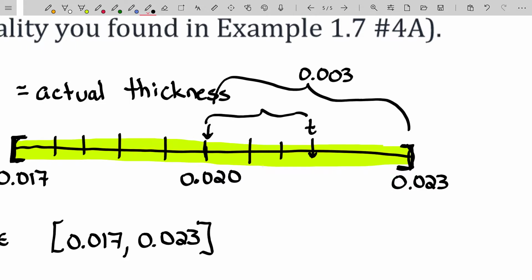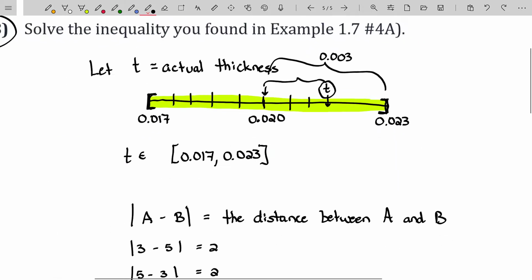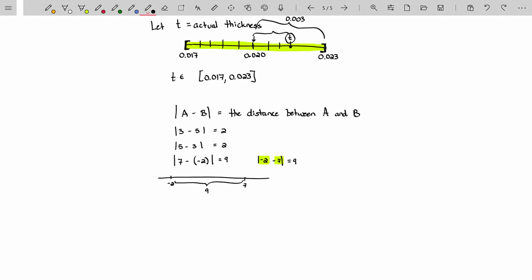The main concern is that the distance between that thickness, whatever we're working with, and the desired thickness be less than 3/1000ths of an inch. We desire a thickness of 2/100ths of an inch. The difference between the real thickness and 2/100ths should be a maximum of 3/1000ths of an inch. So, how do you write that as an inequality?